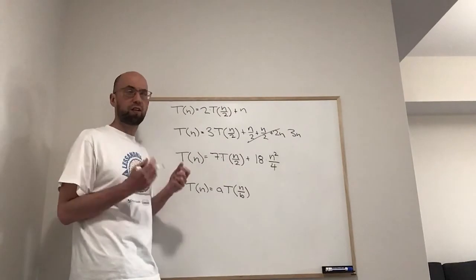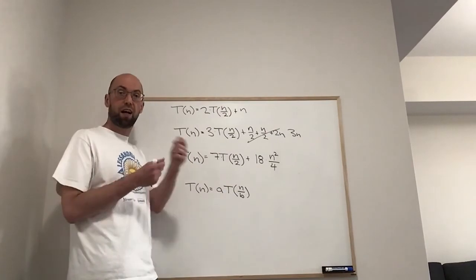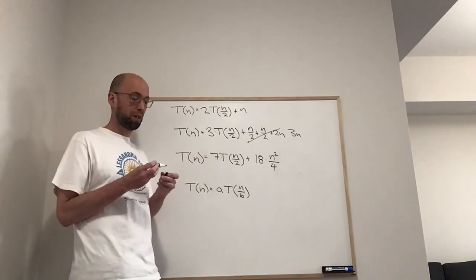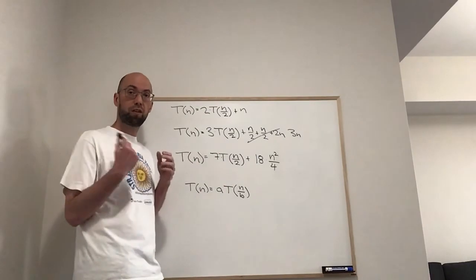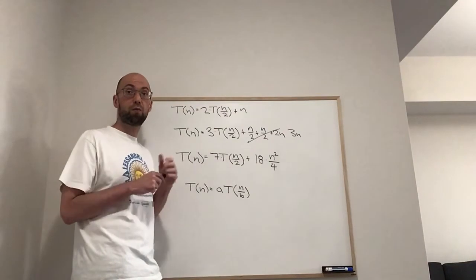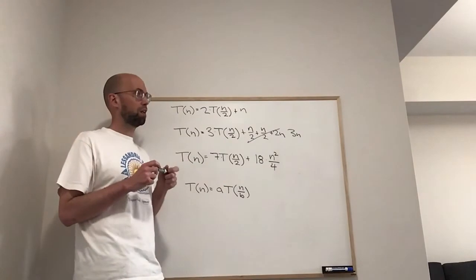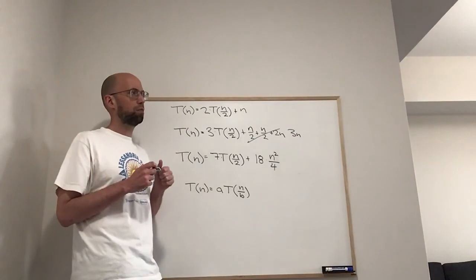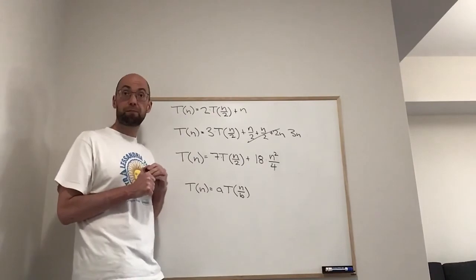So Karatsuba, you can generalize and say, instead of cutting it into 2 pieces, I'm going to cut it into 3 pieces. And then there's a more complicated formula. I think I said that's called Toom-Cook. Cook being Steve Cook, who is Professor Emeritus at the University of Toronto, and won the Turing Award. He will come up a lot in this course. He was my logic professor in grad school.